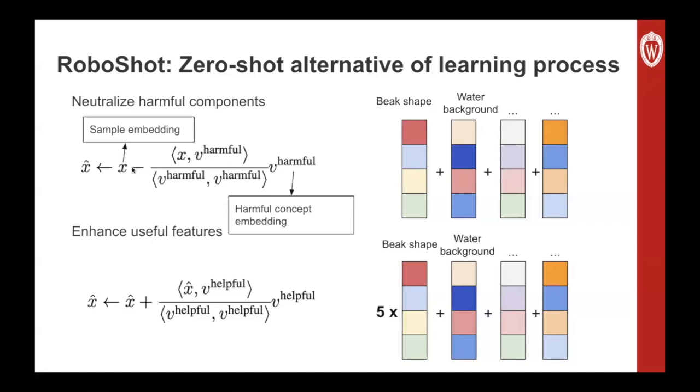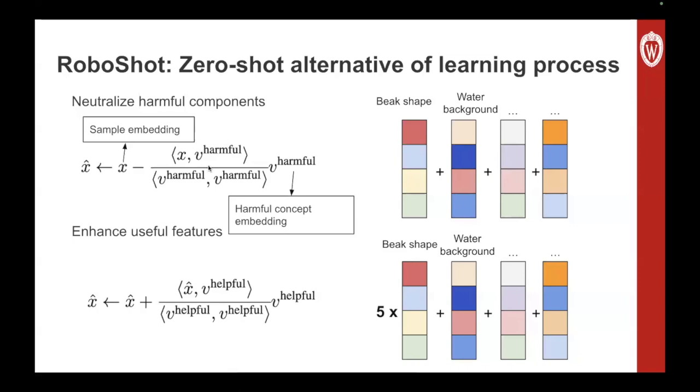Given the image embedding that we want to make a classification on, in this case X, we just subtract from X the projection of X onto the harmful component. This phi harmful is just the text embedding of the answers that we get from ChatGPT. So intuitively, it's just subtracting the component of X along the phi harmful subspace from X itself.